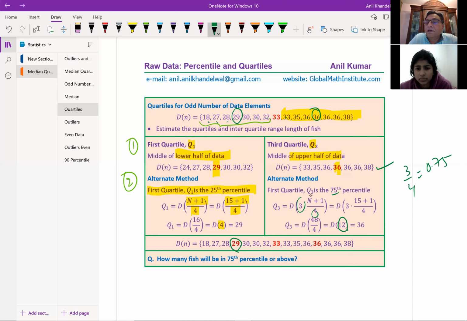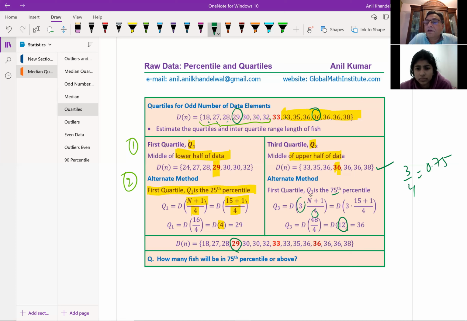Simple example. Now, let's adopt this alternate method to find Q3 also, the third quartile. In that case, we are looking for the 75th percentile. 75 means 3 over 4, right? 3 over 4 means 0.75. So 3 over 4 times (n plus 1), correct? And that gives you 12.